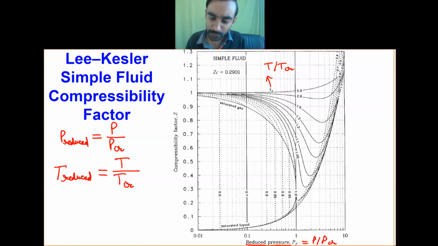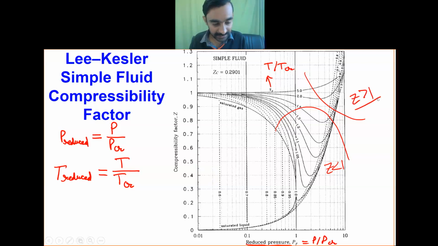One more thing I can conclude is that what I described for nitrogen is almost applicable for the generic nature of the curve also: for low pressures the value of Z approaches 1, and there is some temperature condition at which the compressibility factor is equal to 1 even up to very high pressures. Near the critical point we have a zone of Z less than 1, and at very high pressures, irrespective of temperature, Z is greater than 1.